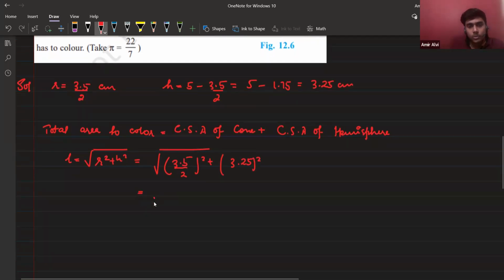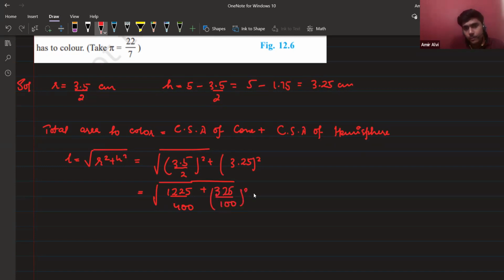So this will be equal to under root of 1225 by 400 plus 325 square by 100 square. So this comes out to be around 3.7 centimeter. It's a big calculation and we are running out of time, so I'm writing the direct answer of this slant height. Clear, everybody?